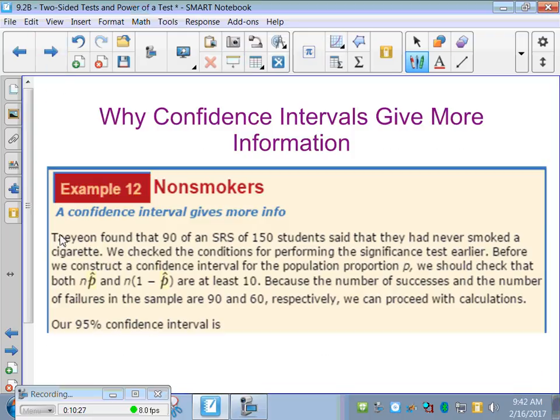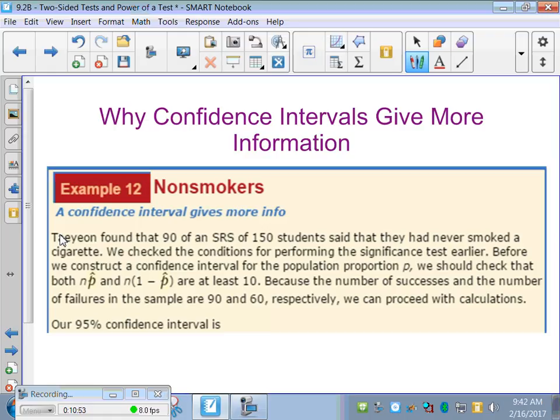Okay. All right, so how do confidence intervals relate to significance tests? We need to talk about that for a moment and see if we even remember how to do one. All right, so Taeyeon found that 90 of a simple random sample of 150 students said they'd never smoked a cigarette. We checked the conditions for performing the significance test earlier.